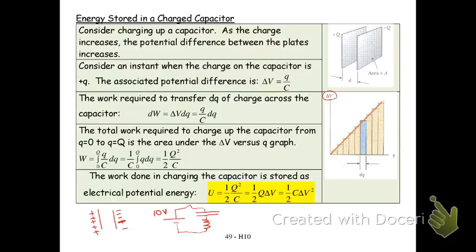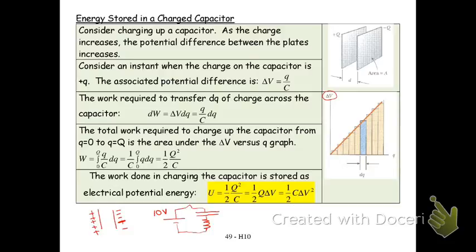Initially, there's no charge on the capacitor, so there's no potential difference across it. The charge causes the potential difference on the capacitor, and you can think of it as the potential difference being linked to the charges.